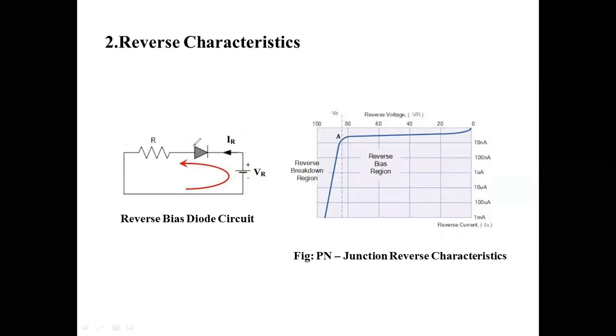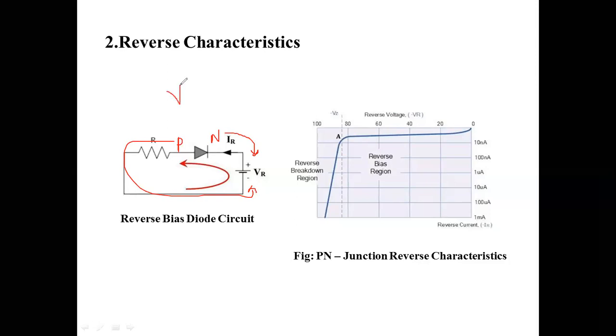Now here in the reverse bias condition, we have connected the diode reverse to the positive and negative terminal of the battery. That is, N is connected to the positive terminal of the battery and P is connected to the negative terminal of the battery.